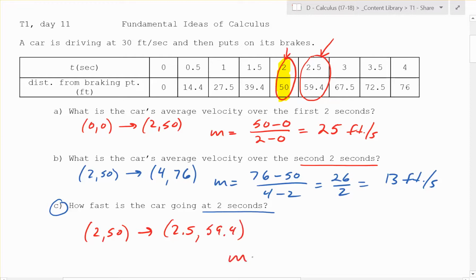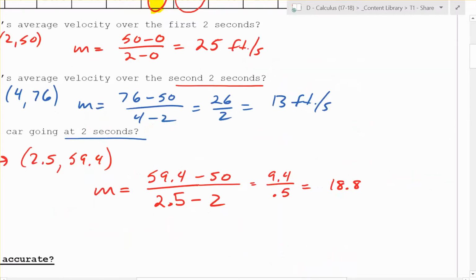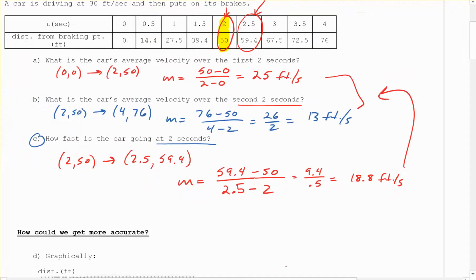So that slope is going to be 59.4 minus 50 over 2.5 minus 2. And if you do that out, you end up with 18.8 feet per second. And that kind of makes sense because it's in between these two values. So again, to find how fast the car was going at time equals 2 seconds, we took the closest data point to 2 seconds, which was at 2.5.